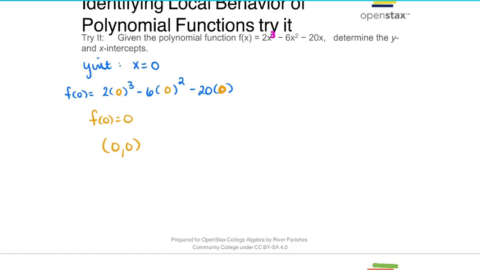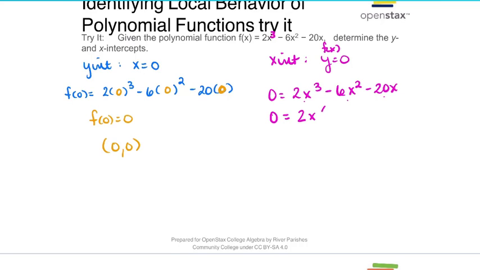Okay, for the x-intercept, you set y equal to 0, or f of x equal to 0. So 0 equals 2x to the third minus 6x squared minus 20x. And we're going to solve by factoring because I can look at this and tell that a 2 will go in all three terms as well as an x.